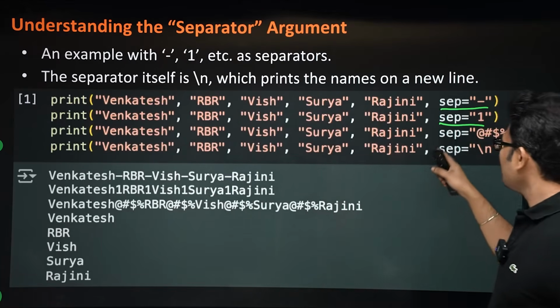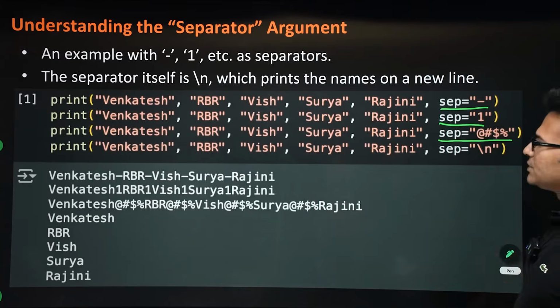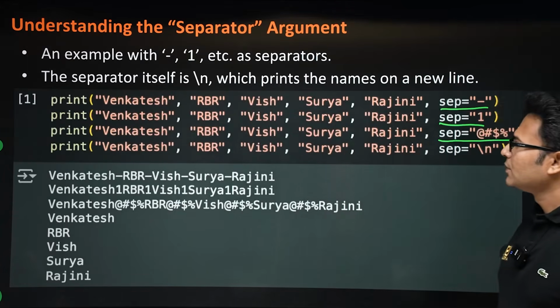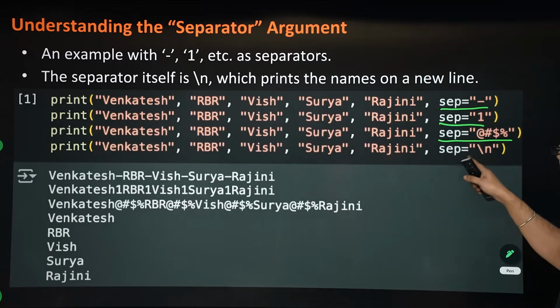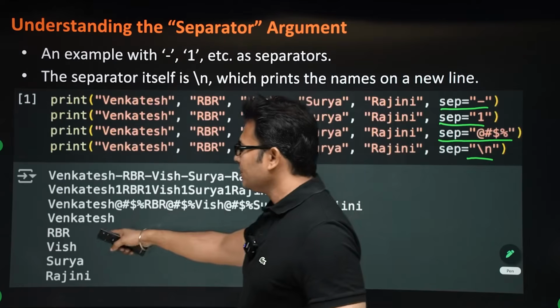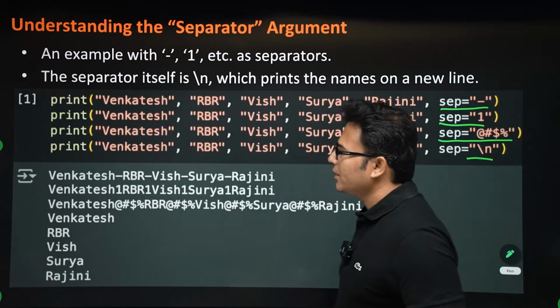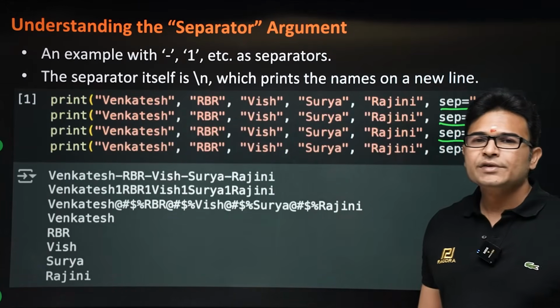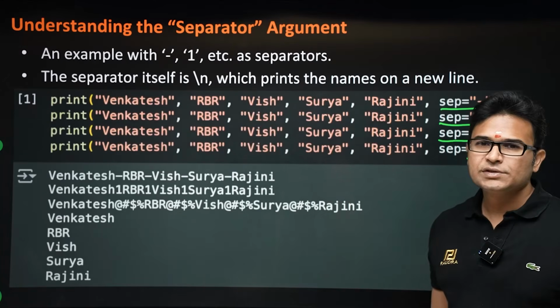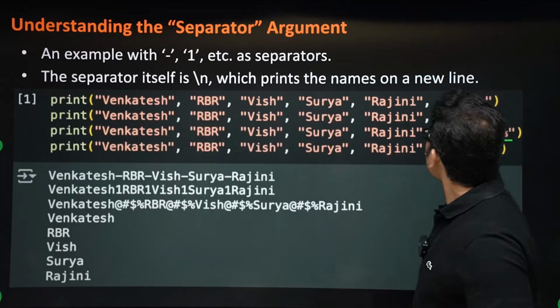If you say that separator is some random symbols, then you are going to get those random symbols after the names. And if you give separator as a new line, then every string will be printed in a new line. I want you to play with this in Colab. Go to Google Colab and do all these examples. You will learn a lot.